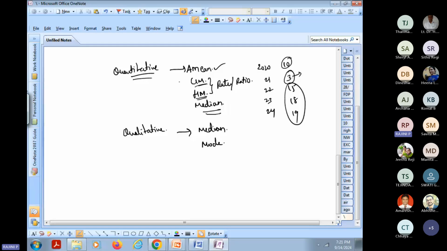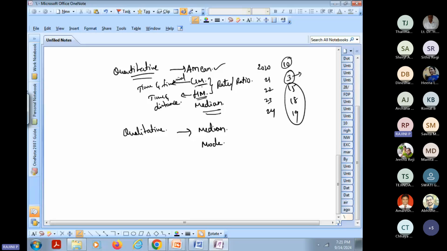In the harmonic mean, we apply it when we are talking about time and distance. And next, the geometric mean, we apply when we are having time and a financial context. If we are having time and financial context, we apply the geometric mean.